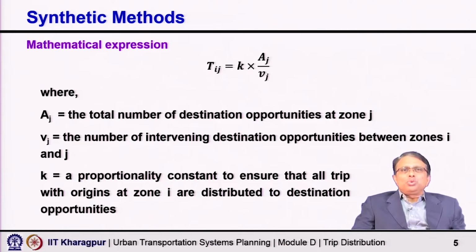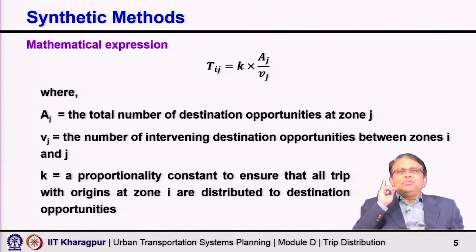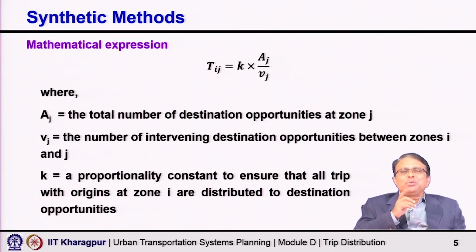Aj is the total number of destination opportunities at destination zone J, proportional to that, and inversely proportional to Vj, where Vj is the number of intervening destination opportunities between zone I and zone J. Remember, we are talking about everything, this I and J, in order of distance, that is the catch, and that is very, very important when you are talking about this intervening opportunity model.